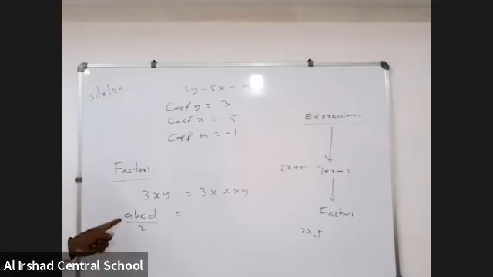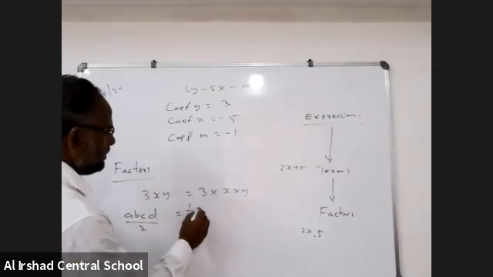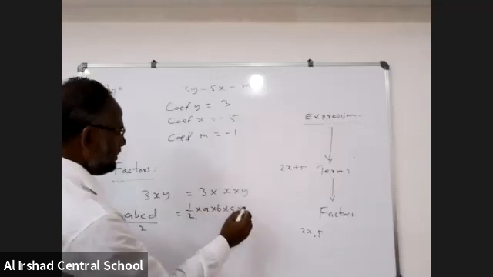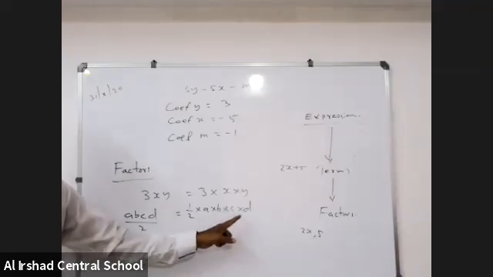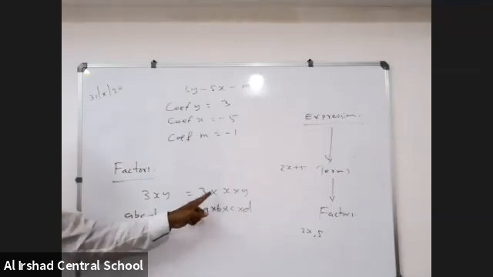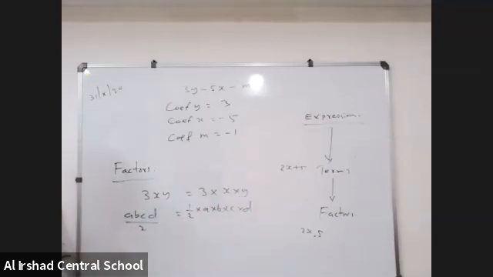A is a factor, B is a factor, C is a factor, D is a factor, and 1 by 2 is a fraction. 1 by 2 into A into B into C into D. A, B, C, D, half are factors. 3xy: 3 is a factor, x is a factor, y is a factor.